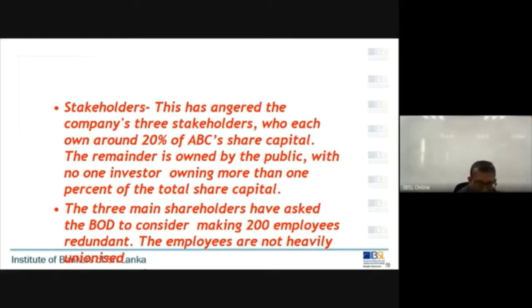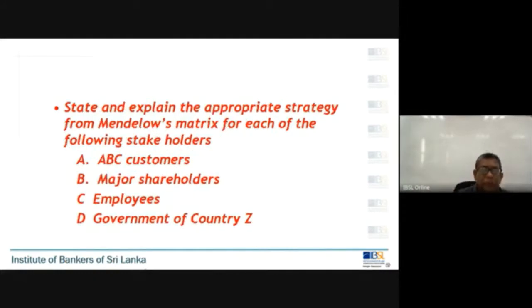And unfortunately, the employees are not heavily unionized. They don't have a strong union in the company. Right? Now the question is asking, state and explain the appropriate strategy for Mendelow's matrix for each of the following stakeholders.